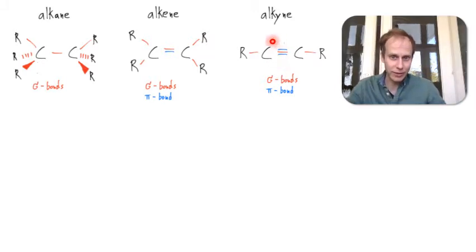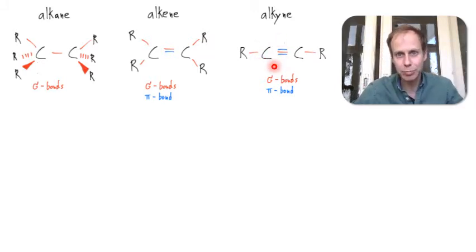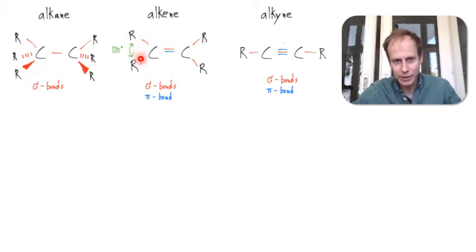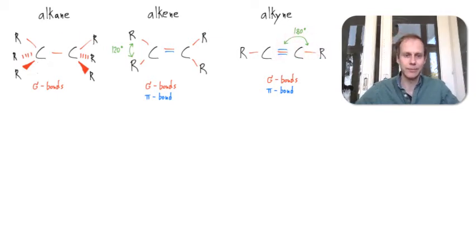That is because the carbon is now only sp hybridized, and the two pi bonds result from two p orbitals from each carbon. For an alkene, the angle between these two sp2 hybridized groups is 120 degrees, and for an alkyne, the angle between the two sigma bonds is 180 degrees.